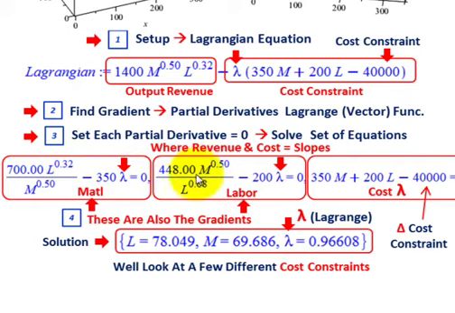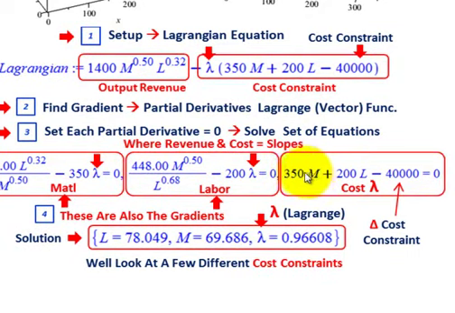So if we took our labor in terms of our Lagrangian, took the partial derivative here, and then we'd have that labor cost on a per unit basis times the Lagrangian. And then for our cost, it's just taking the material and labor unit prices less the cost constraint that we have here. And we're going to be looking at several different cost constraints here. So what we have is three equations here, three unknowns.